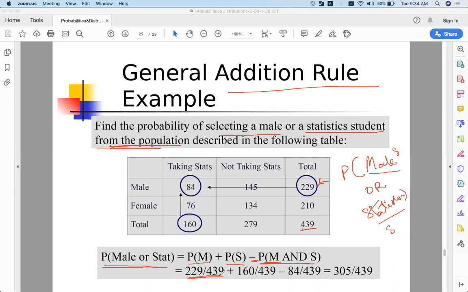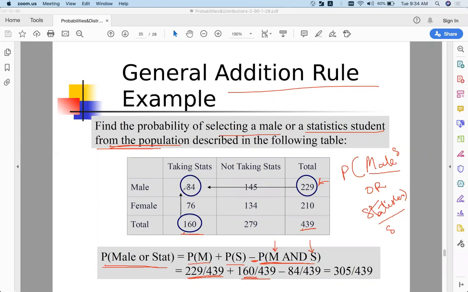What is the probability of male? Total number of males divided by total number of students, 229 divided by 439. What is the probability of people taking statistics? How many people are taking statistics? 160 in total, so 160 divided by 439. Now, what is the probability of males and statistics?